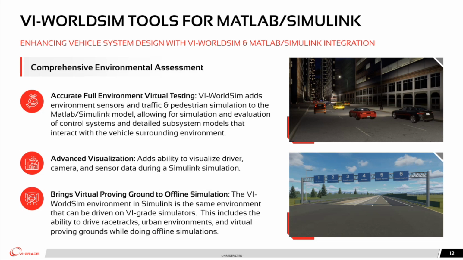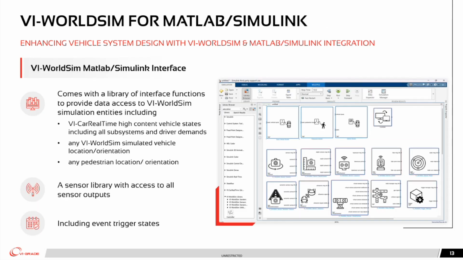We definitely have customers that have private proving grounds, and they have virtual digital copies of those that they can run WorldSim and VI-CarRealTime environments on, either on our simulator or off the simulator. And we also have a virtual proving ground that VI-grade provides with VI-WorldSim that has a whole bunch of different surfaces and can also be used. And then outside of the proving grounds, there are tracks and city driving environments that are available.